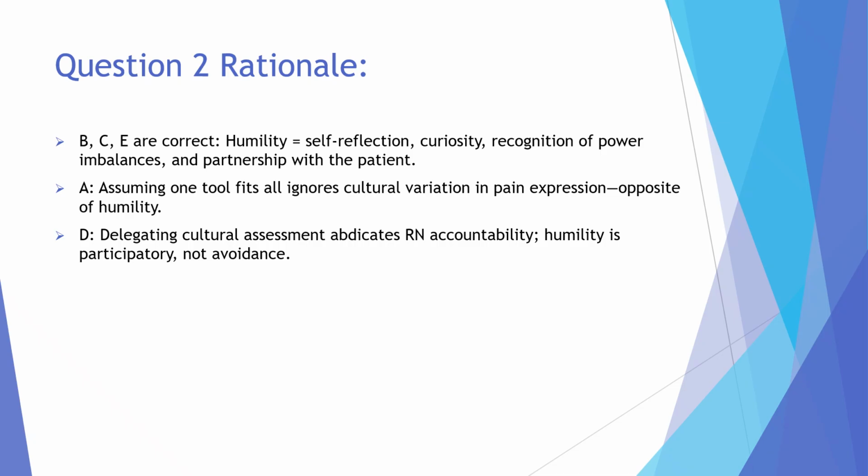So the rationales: why B, C, E are correct: humility, self-reflection, curiosity, recognition of power imbalances, and partnership with the patient.